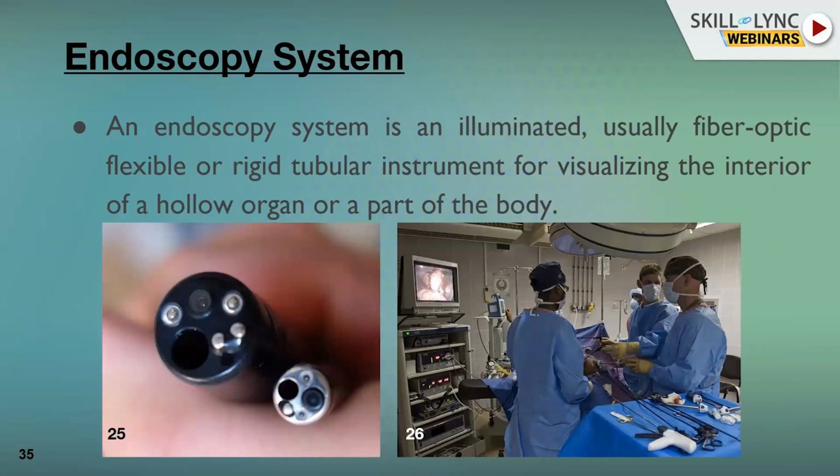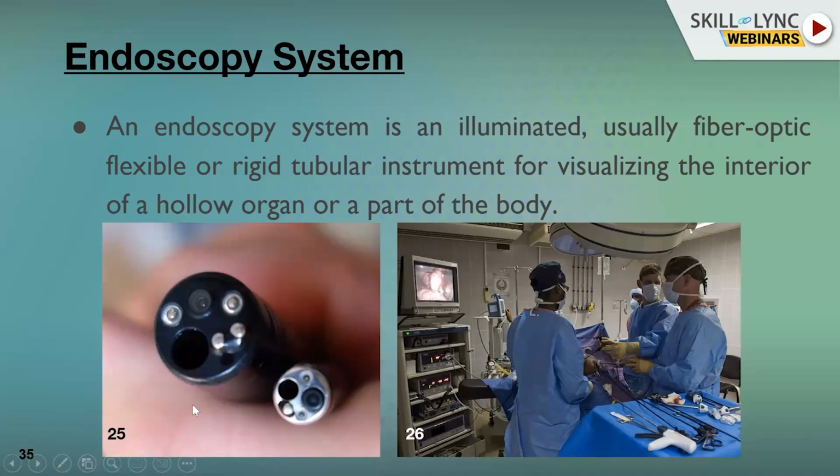So what is endoscopy system? So here in this image on the left side, you can see a camera, so that actually gets the images. You have lights on the other side to see what is happening.